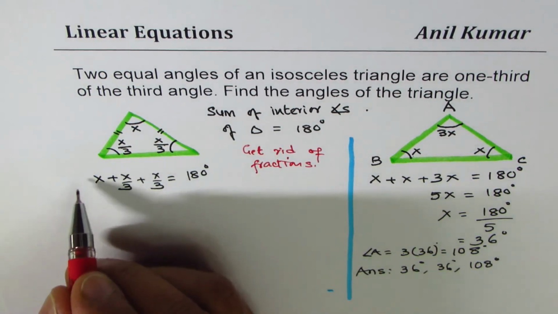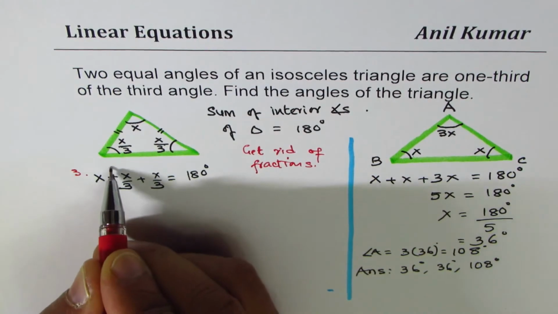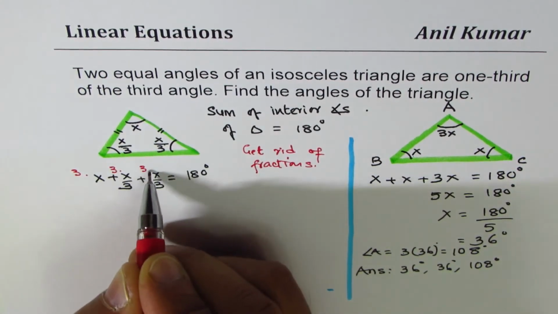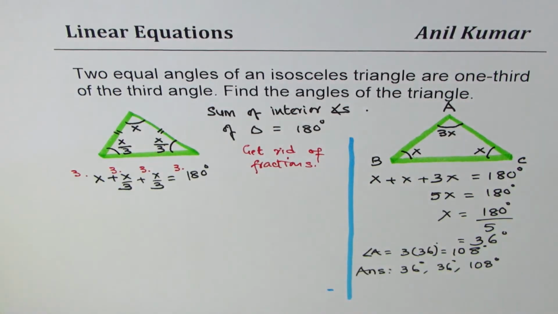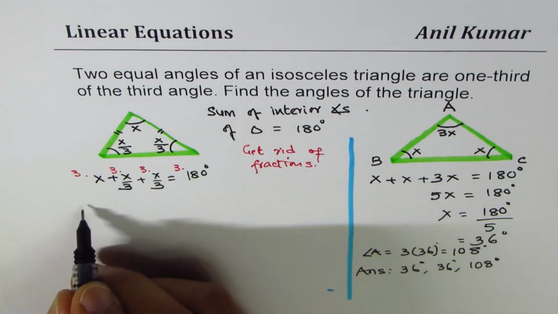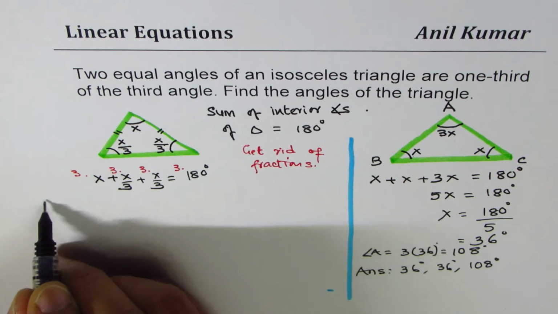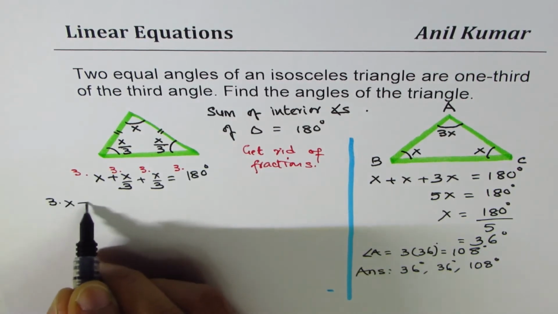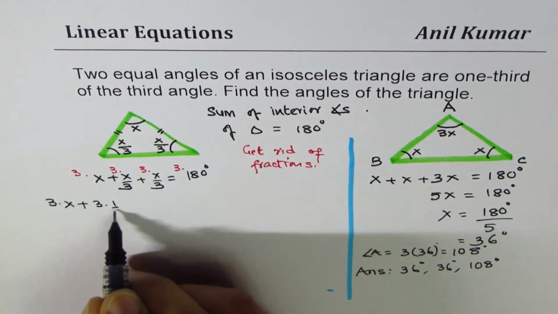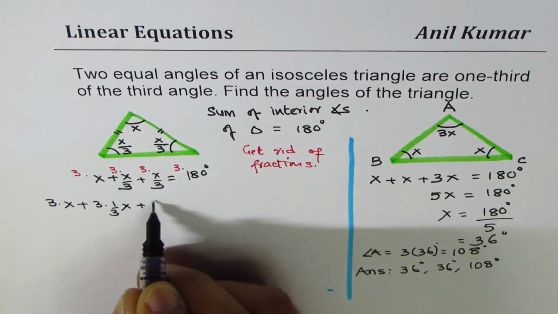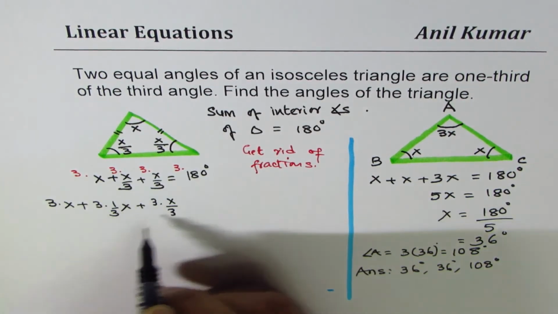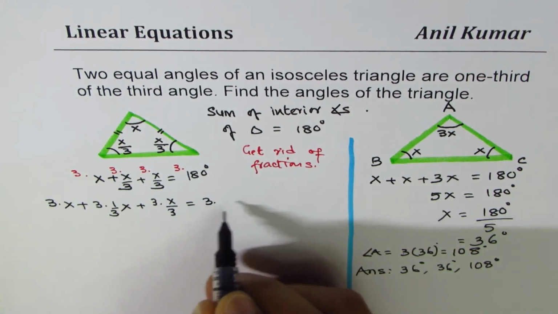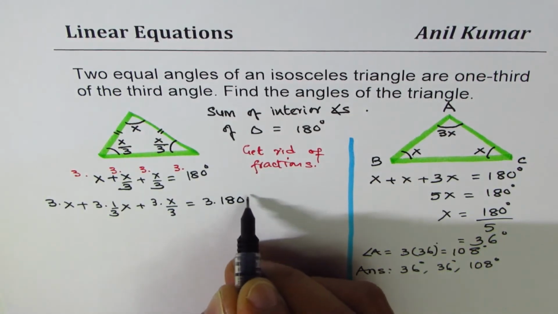So basically, we'll do this also by times 3, this also by times 3, this also by times 3, and 180 also by times 3, correct? So we can write this as, let me rewrite this, 3 times x plus 3 times 1 over 3x plus 3 times x over 3, it could be written either way, equals 3 times 180 degrees, right?